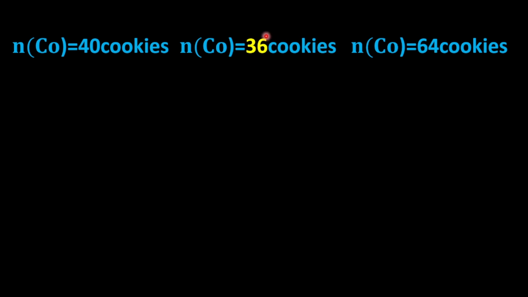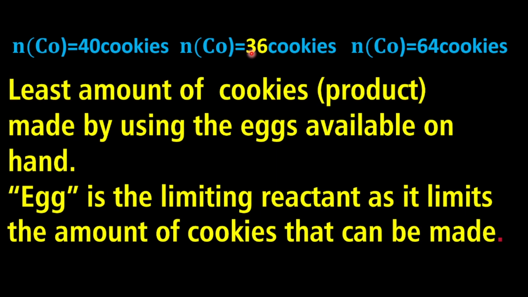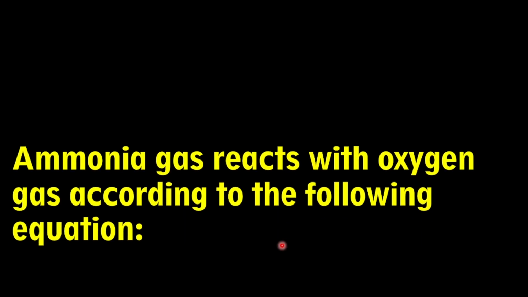The least here is indicating that the second one, which is for the X, is the limiting reactant or the limiting reagent. So the least amount of cookies product made by using the X available on hand. Egg is the limiting reactant. That is, it limits the amount of cookies that can be made.